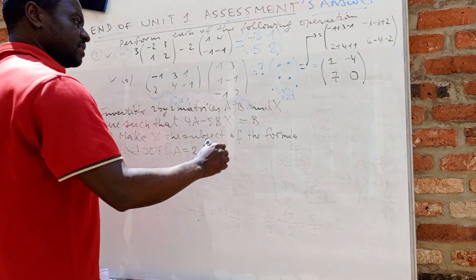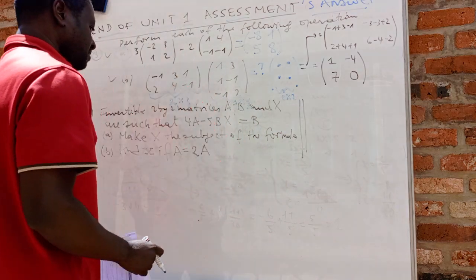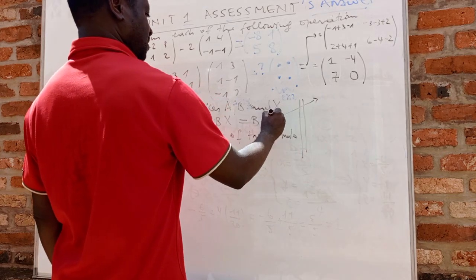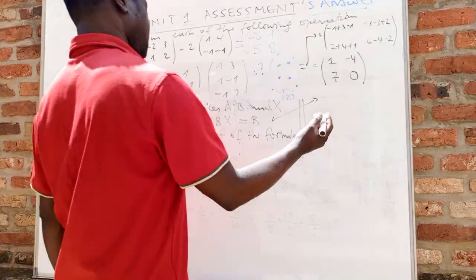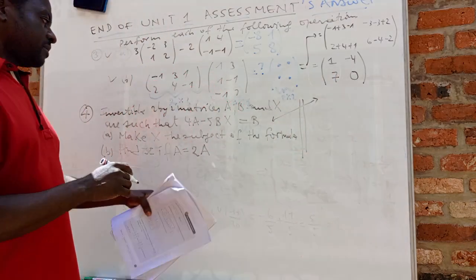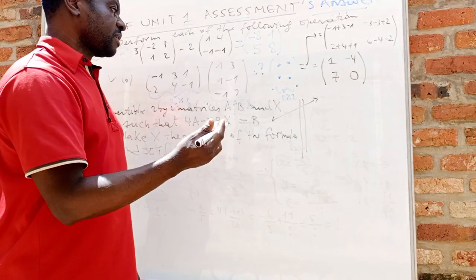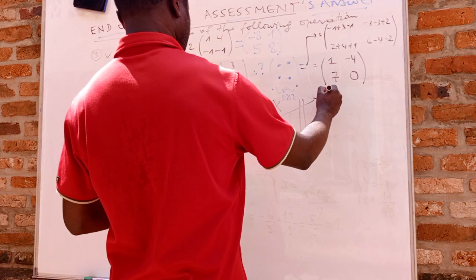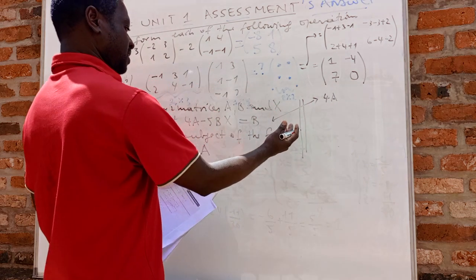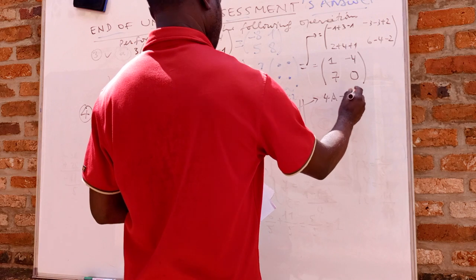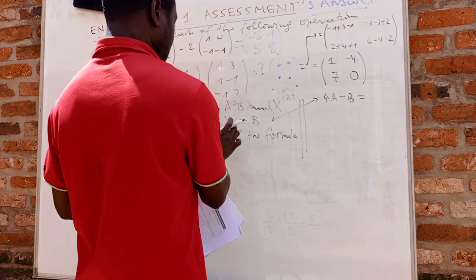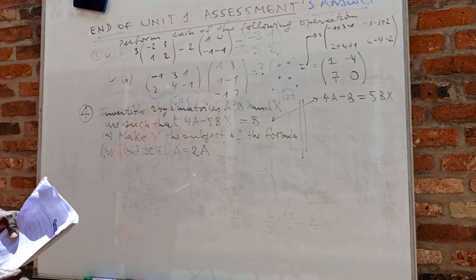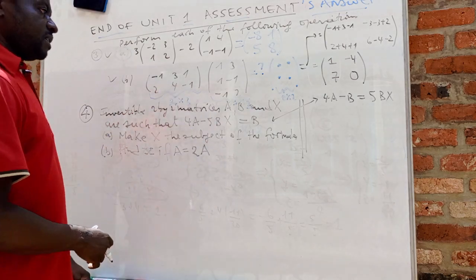Now let us look at this interesting question where matrices A, B, and X are invertible. It is like for numbers, respecting matrix multiplication. This will bring us to the conclusion that 4A minus 4B minus B... so it is going to be this term on the other side, 5BX, according to addition of matrices.